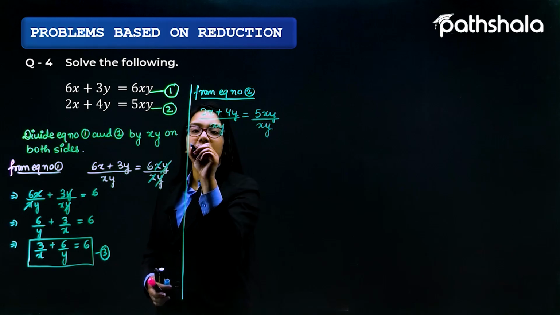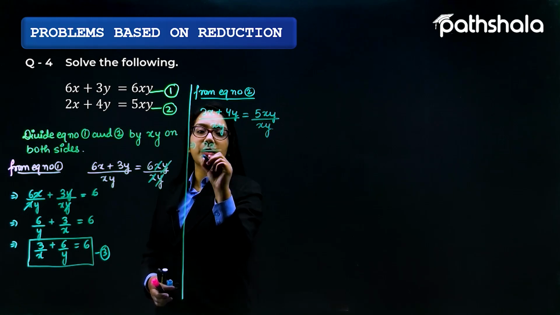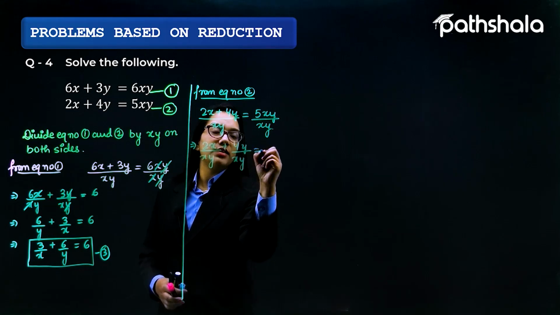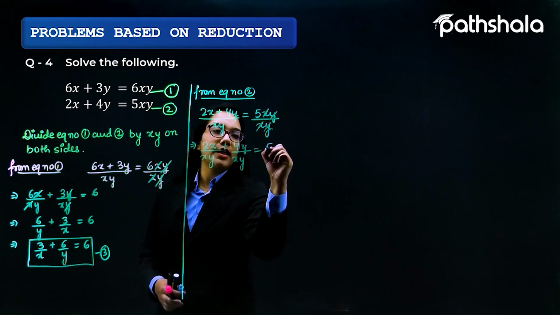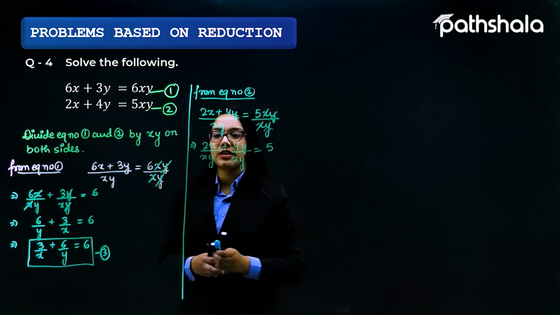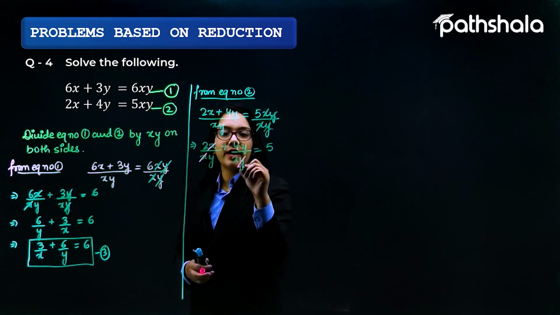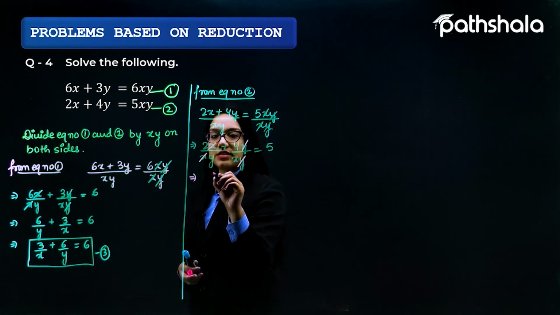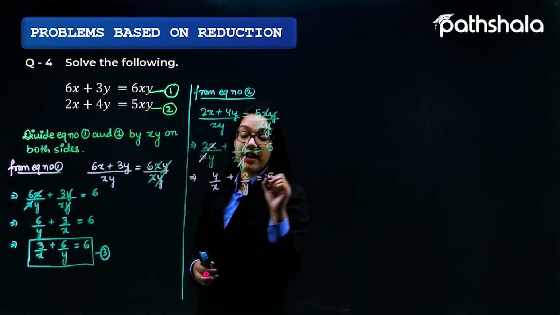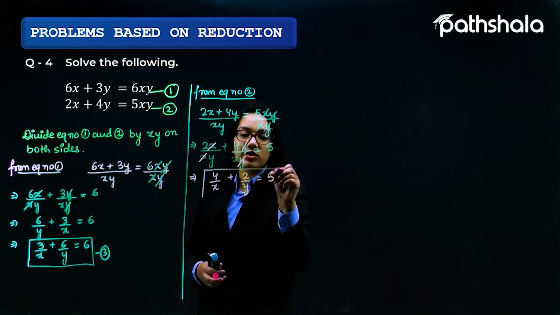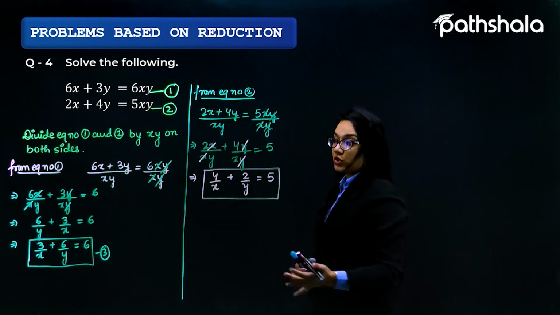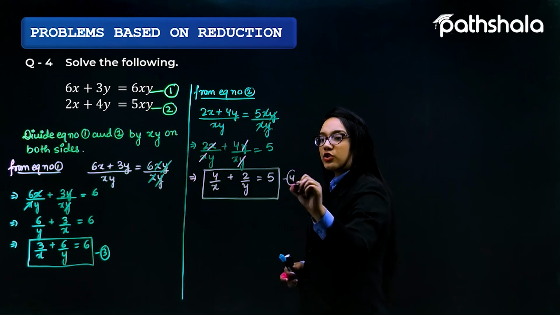So again, we can write this equation as 2x by xy plus 4y by xy is equal to 5, since x, y get cancelled. Again, x and x get cancelled, y and y get cancelled. We can write this equation as 4 by x plus 2 by y, which is equal to 5. As I have rearranged the equation as 4 by x plus 2 by y, which is equal to 5, let us call this equation number 4.